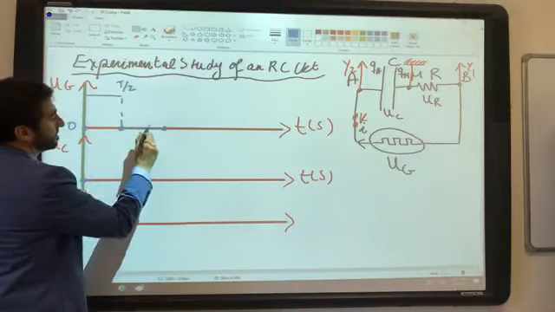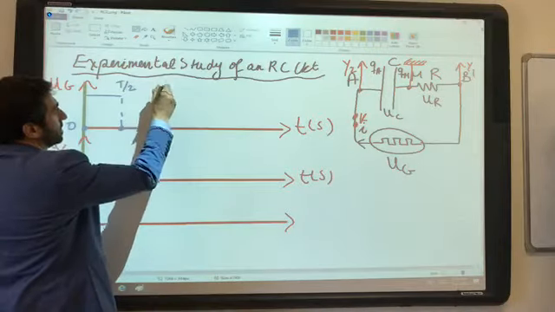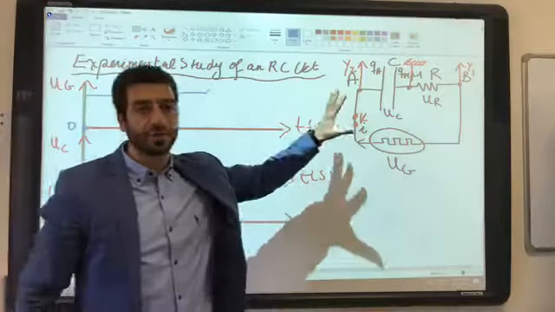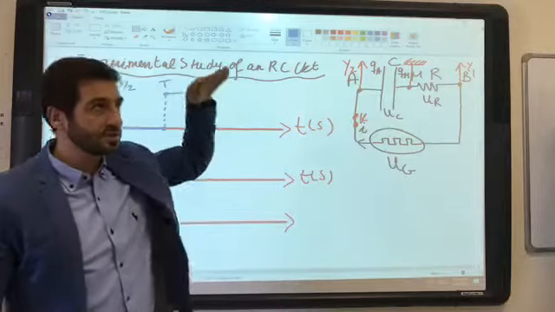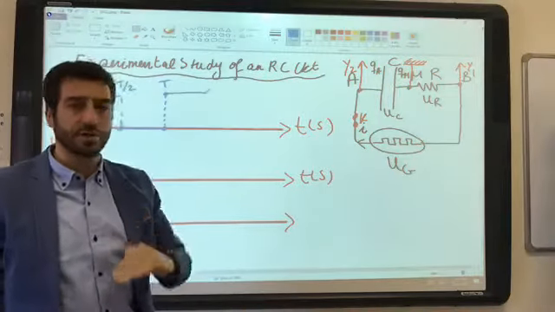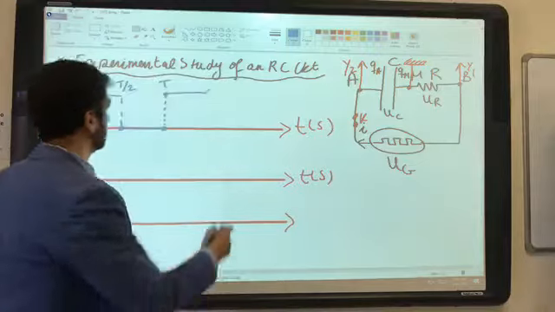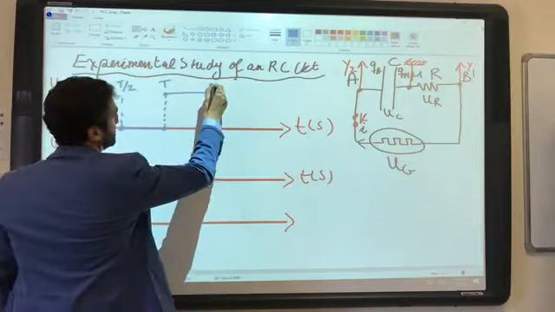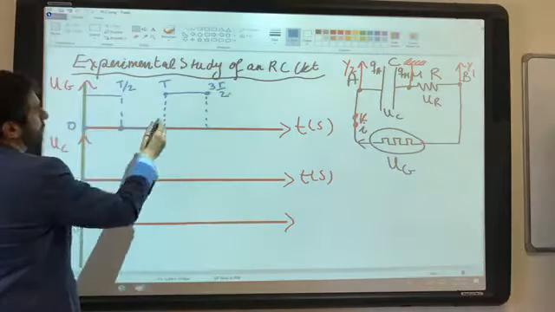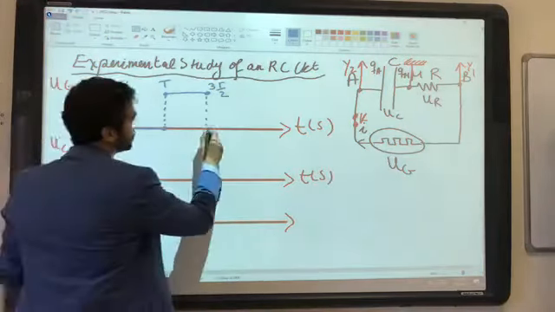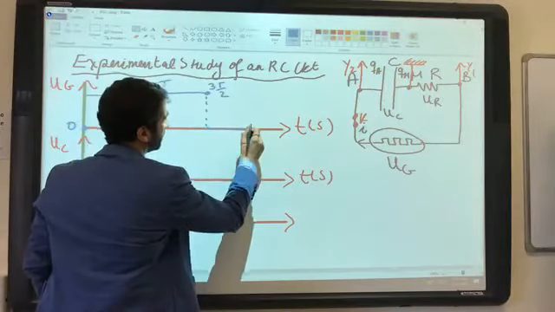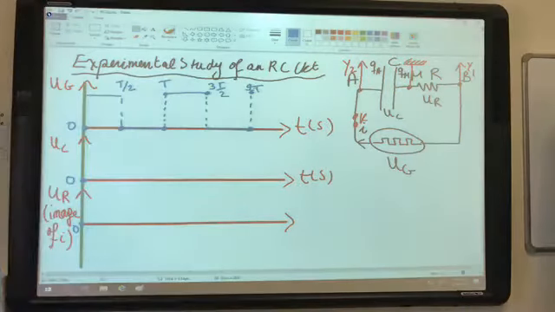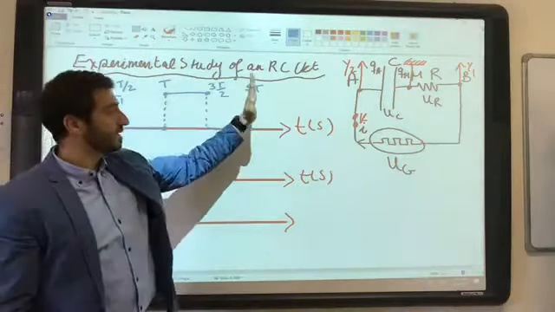It goes to 0 again, and now we have one period completed. The generator's square signal functions either at maximum or at 0. It doesn't function otherwise. So we have half period, 1 period, 1.5 periods, 2 periods, and so forth.